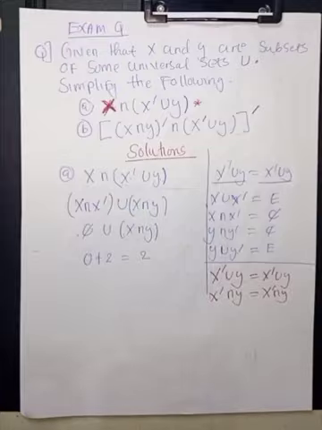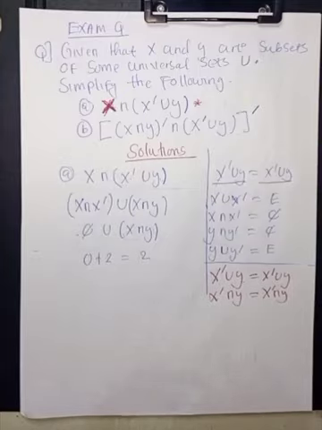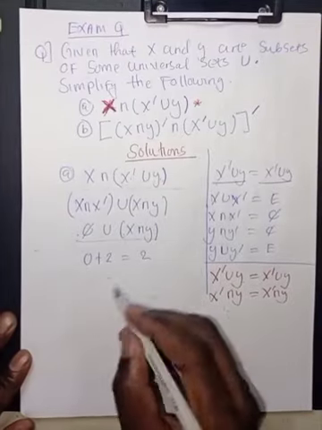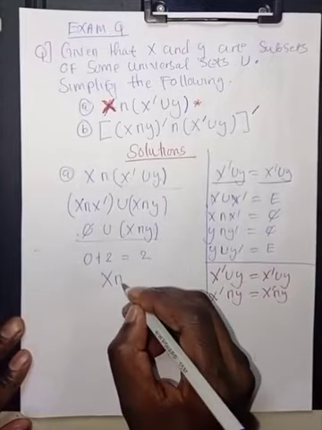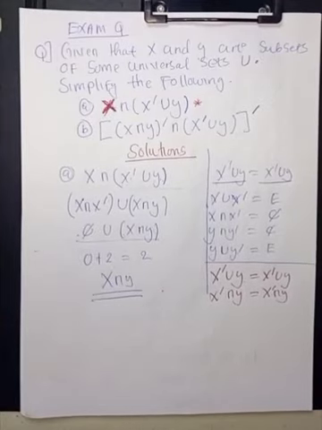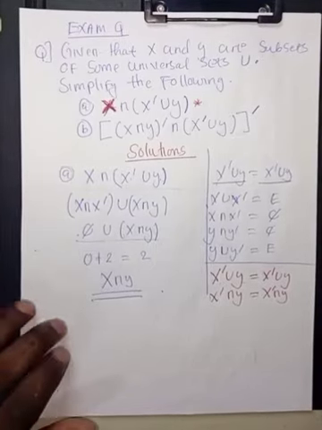Because we know that union is putting together. So putting together X intersection Y plus nothing, we get the same thing as X intersection Y. So the answer here is basically X intersection Y. Meaning you're done like that. So hopefully we are understanding something. So this is what we do.